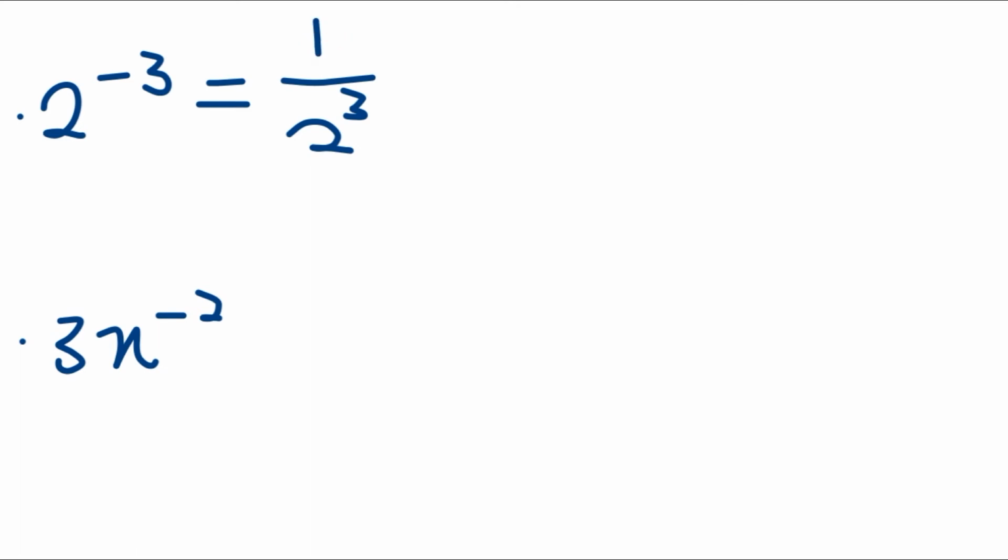Now in a case where you have a negative exponent being multiplied by another term, which is 3, how can you convert a negative exponent to a positive exponent? Well, it is the same principle. This will be 3, and then this negative sign becomes a division line.